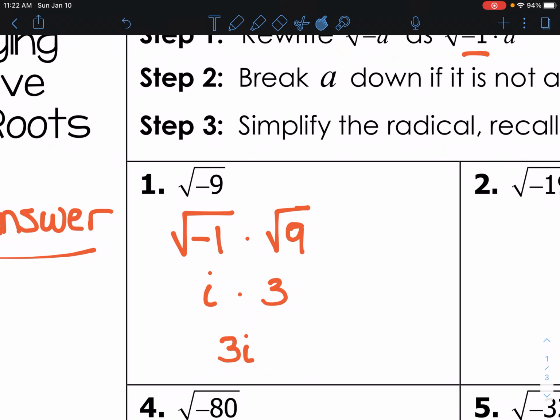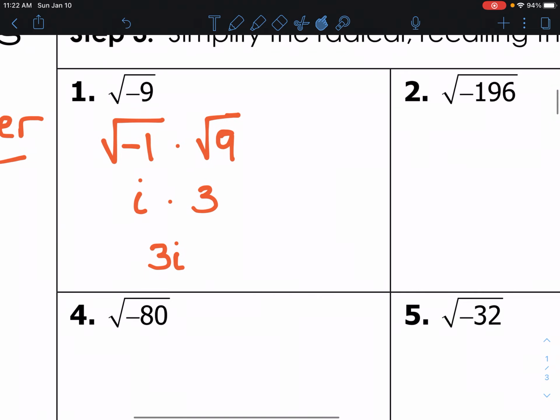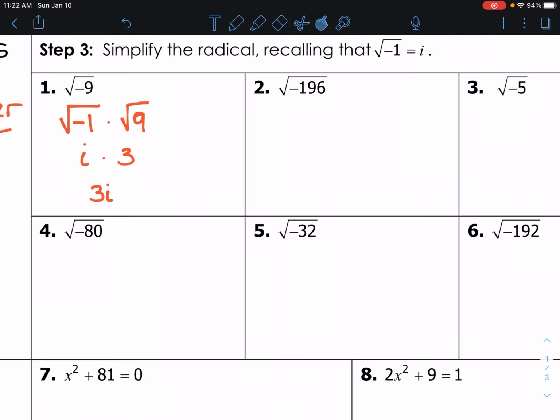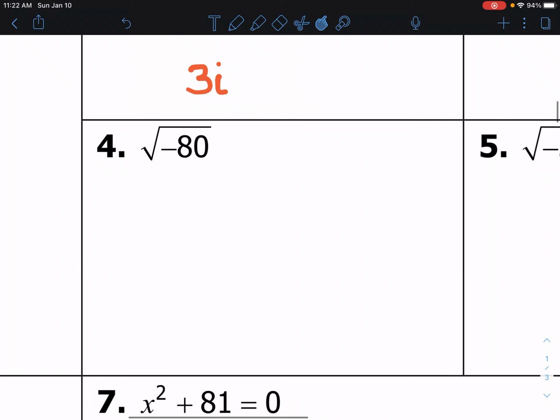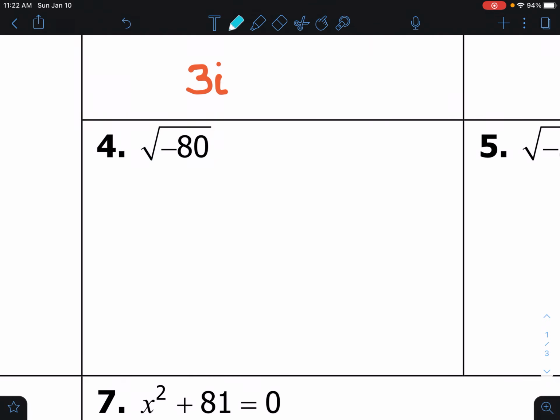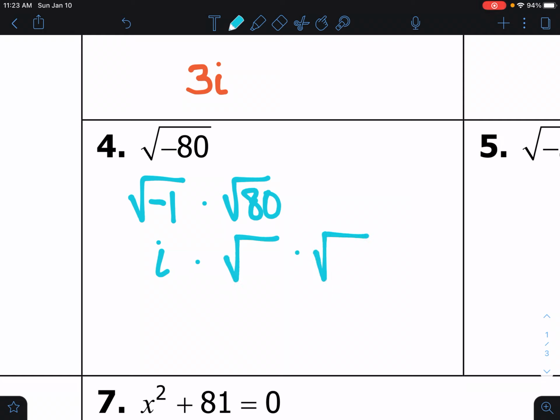Okay. So let's take a look at another one like number 4. Once again, I'm going to break this apart, -1, and then square root of 80. Now, the square root of 80 is not nice, so you're going to have to break this apart. You know that this is going to be i. This you want to break up into the perfect square part and the not perfect square.